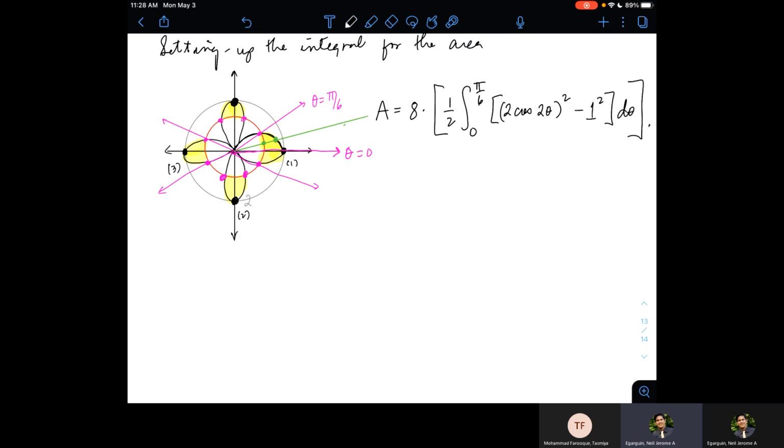Because my plan is to go over one example of setting up areas with polar curves in which you need to subdivide the region into several pieces because the inner and the outer radius changes. And by the way, I started recording the session earlier so that you guys can just watch it later when you have free time.